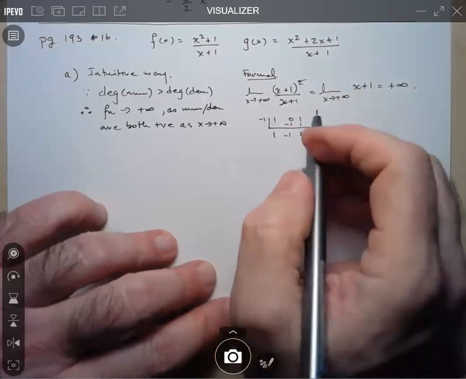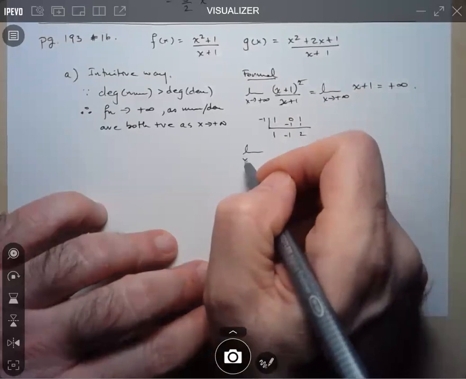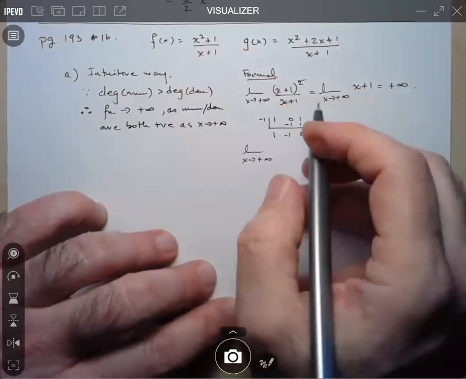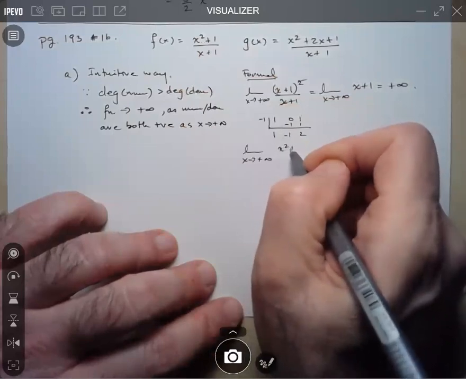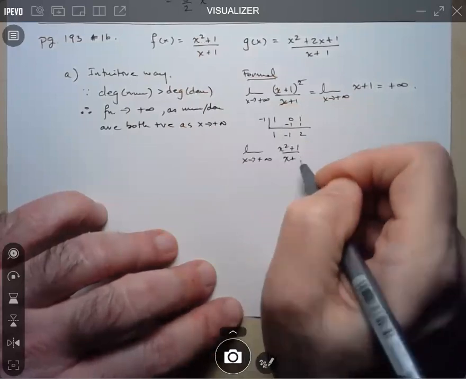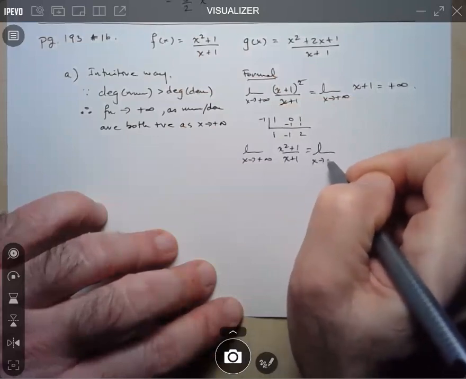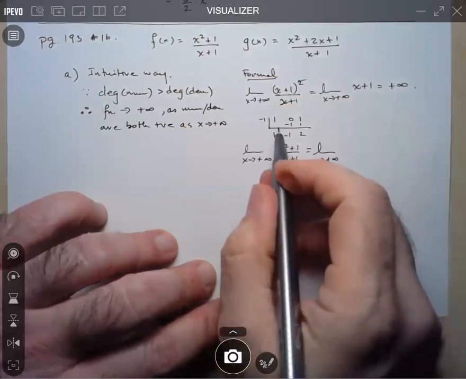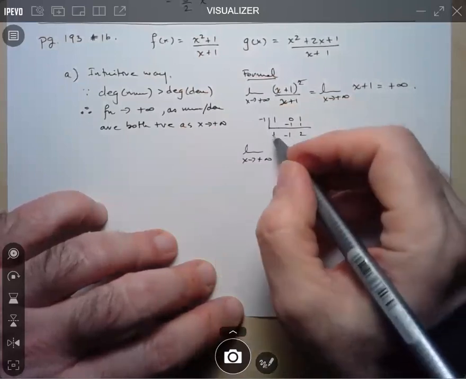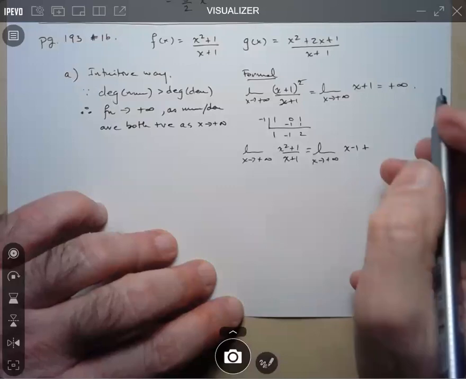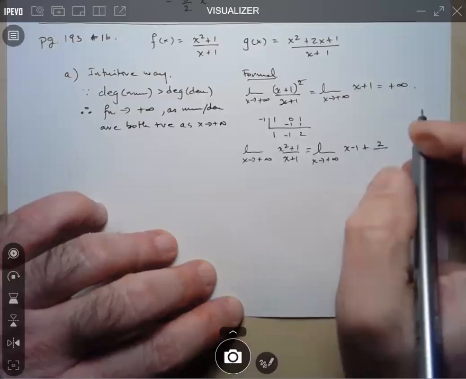And so when we're finding the limit of f of x, we can rewrite this function as the quotient, which is x minus 1, plus the remainder over the divisor.